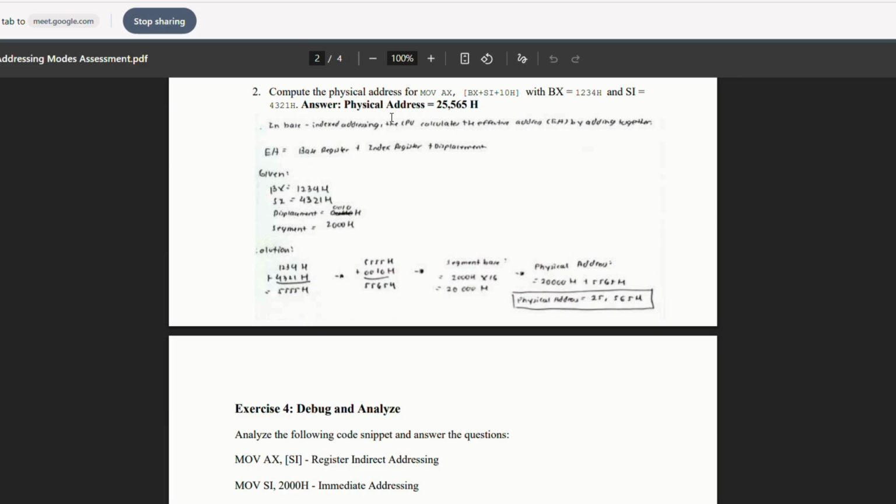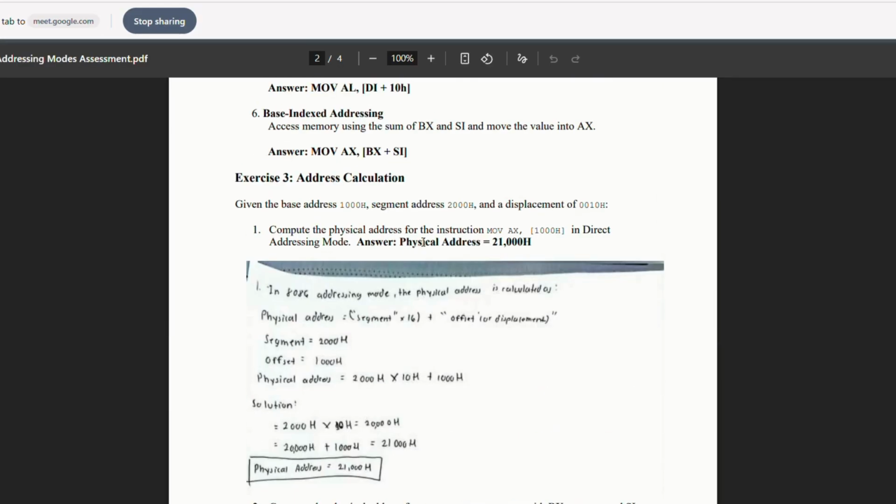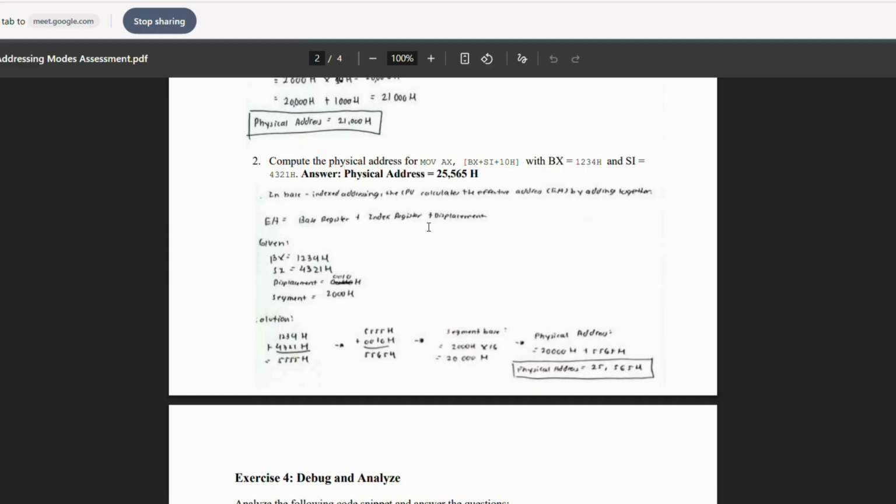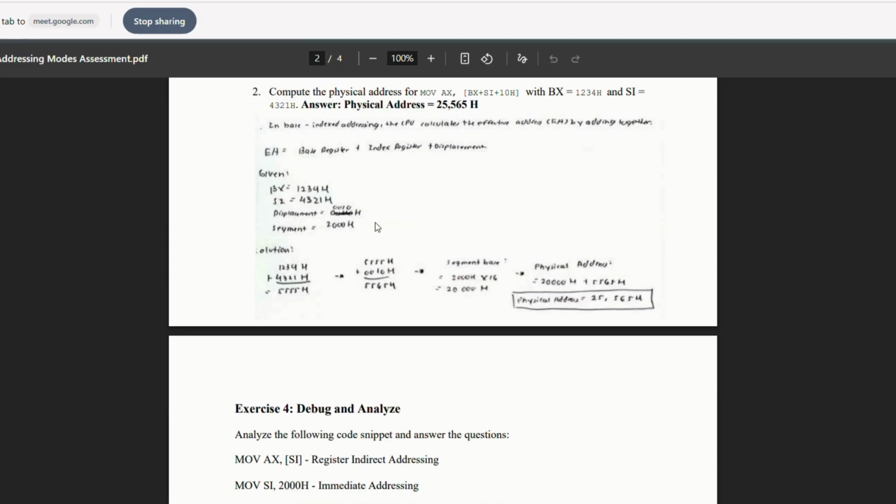Physical address equals segment times 16 plus EA. For the calculation, we are given BX equal to 1234H, SI equal to 4321H, a displacement of 0010H, and the segment, which is 2000H.